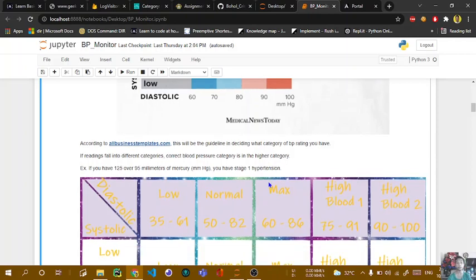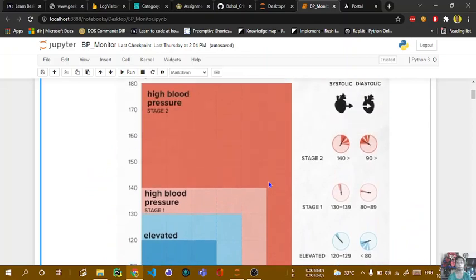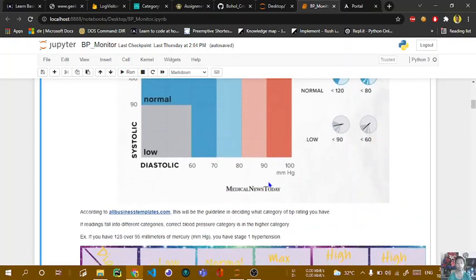If your readings fall into different categories, the correct blood pressure category is the higher category. For example, if you have 125 over 95 mmHg, you have stage 1 hypertension, but based on my chart, it would be high blood pressure, stage 2.